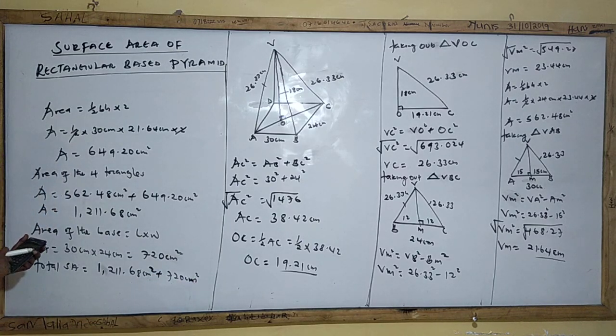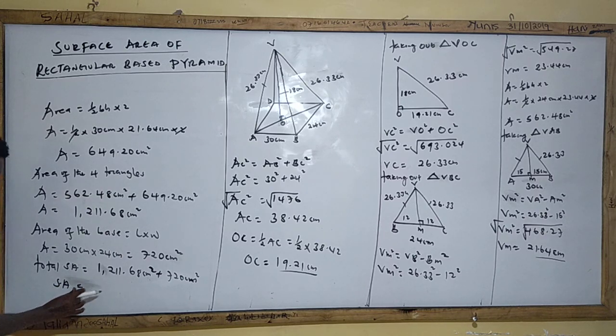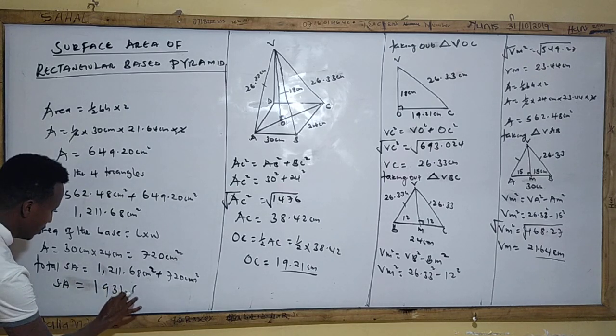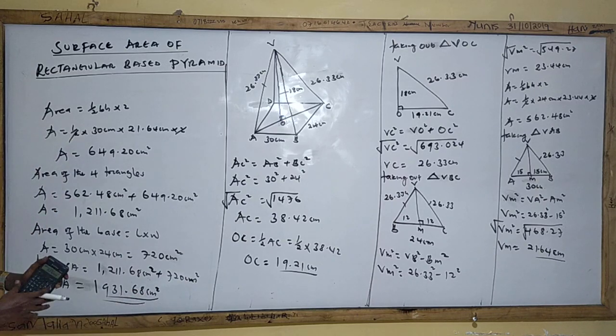So surface area, therefore, SA is equal to 1901.68 centimeter squared.